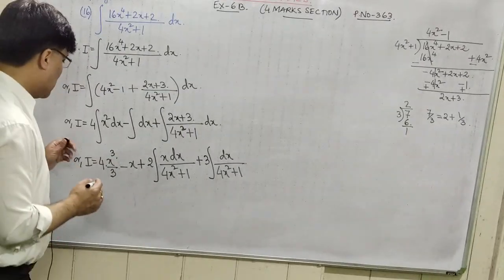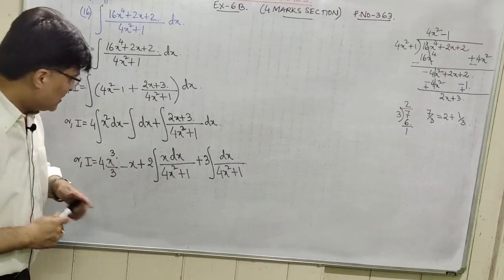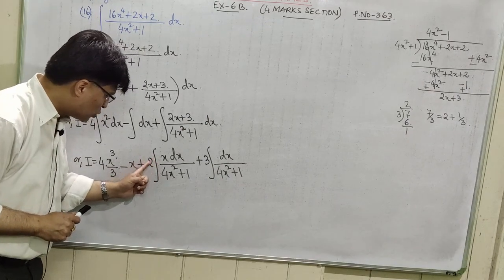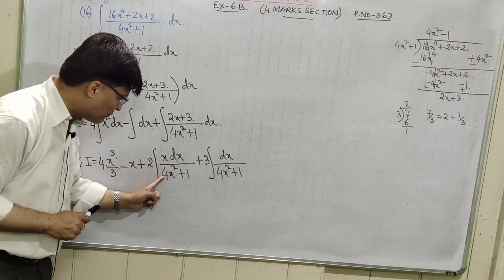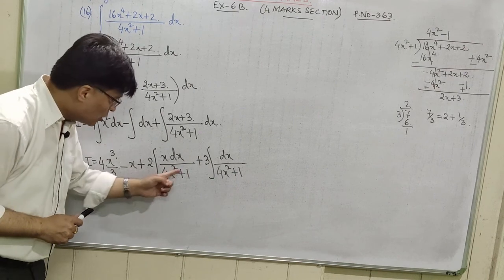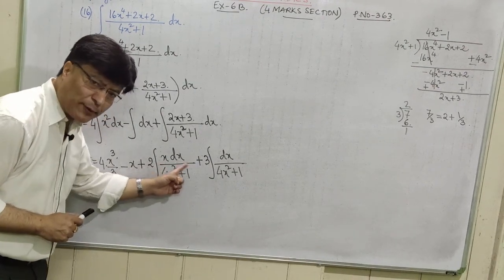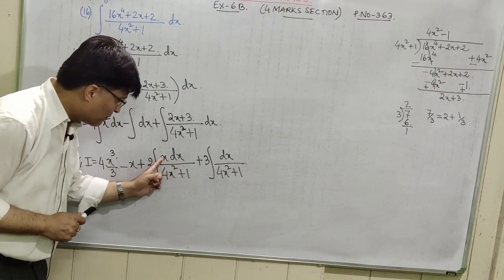Okay, so now in this case, in the third term here, there is 2 integration of x dx divided by 4x square plus 1. So what is the differentiation of 4x square plus 1? It is 8x, but we have got only x here.